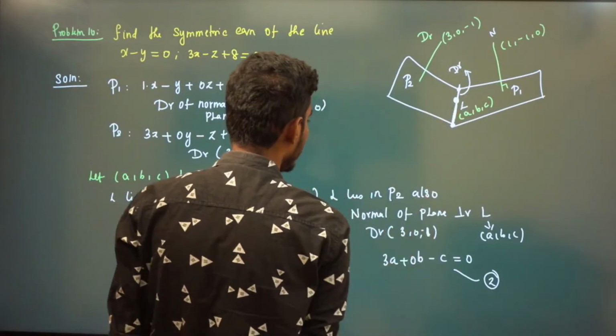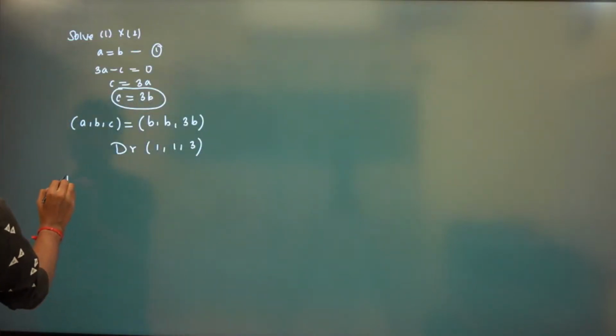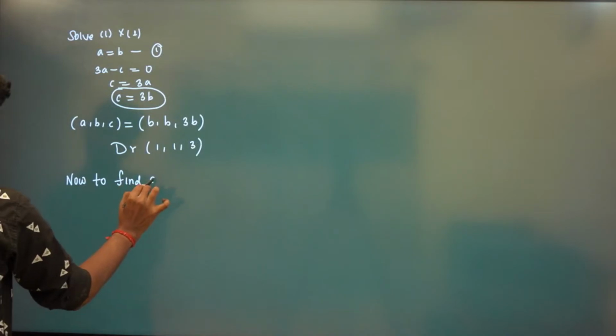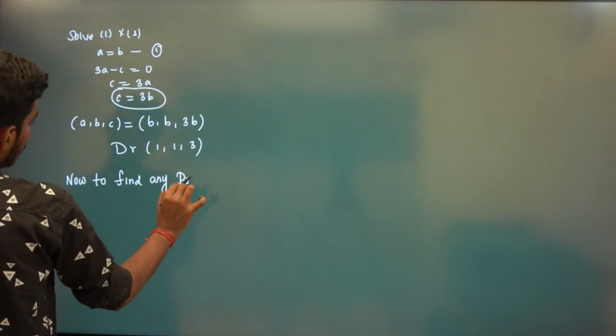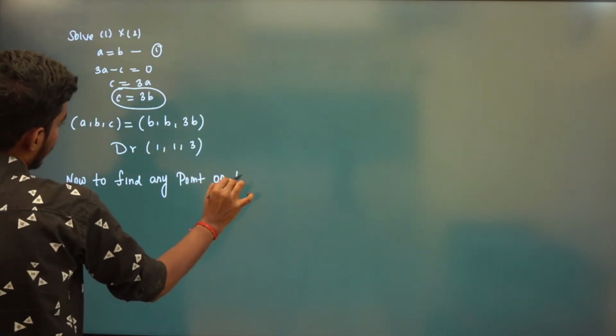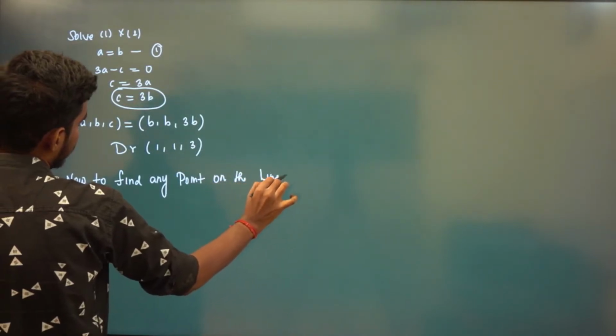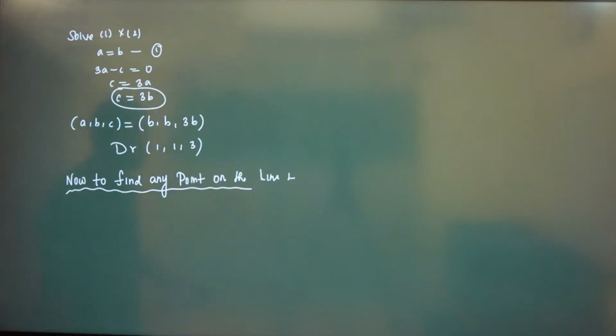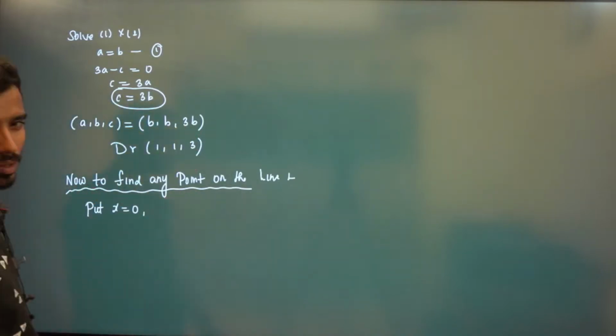Now to find any point on the line L, you just put x is equal to 0 and solve for y and z, right? Or you can put anything. You just need to know any one point.